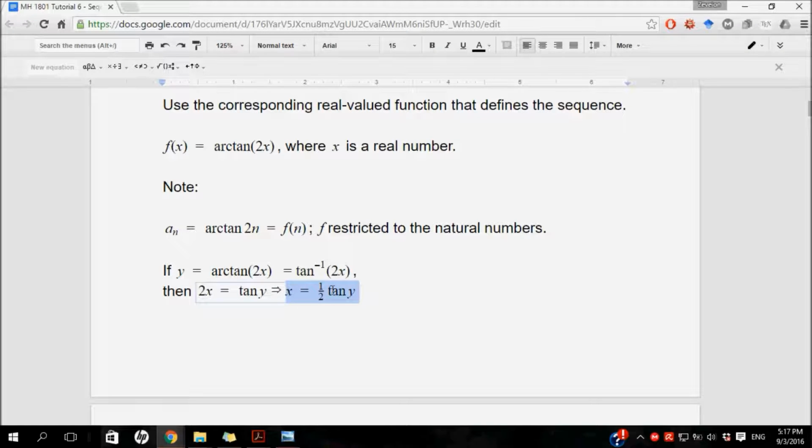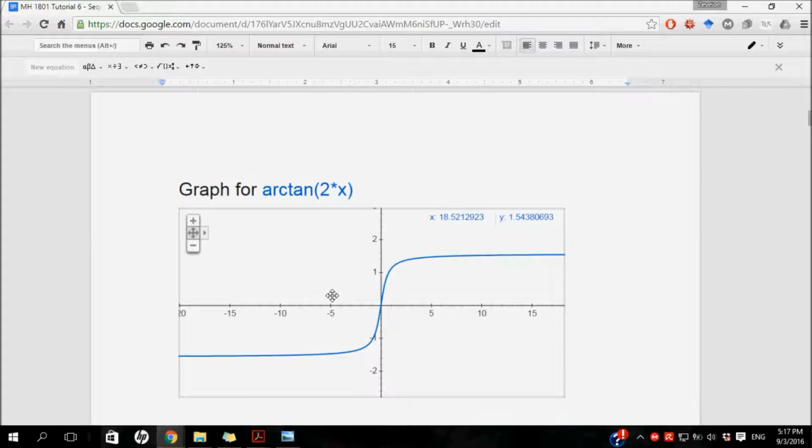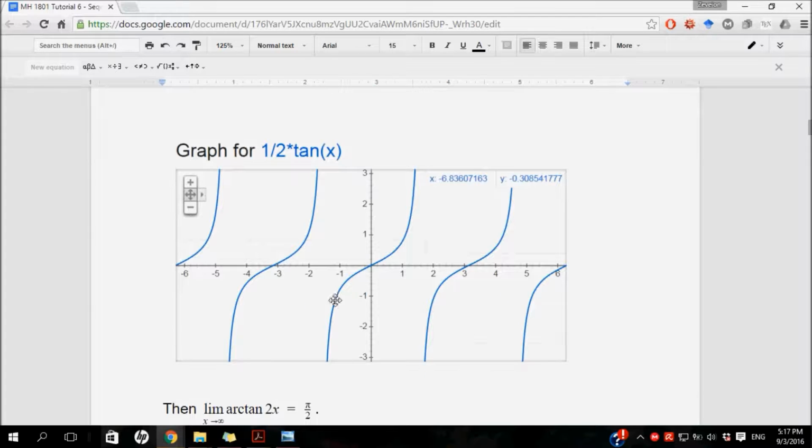So if we look at the graphs of these two functions, we can indeed see that the way in which you obtain the graph for arctangent of 2x is by reflecting the graph for half times tangent of x.